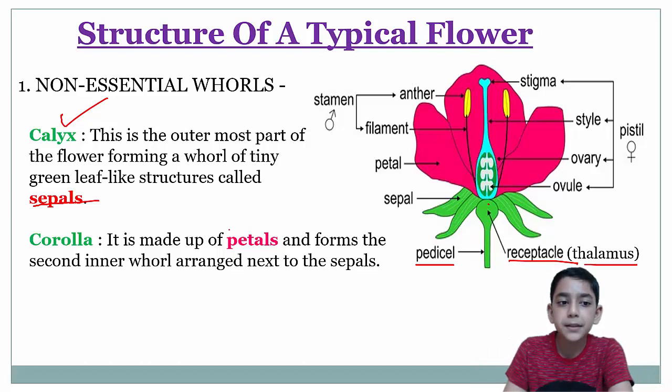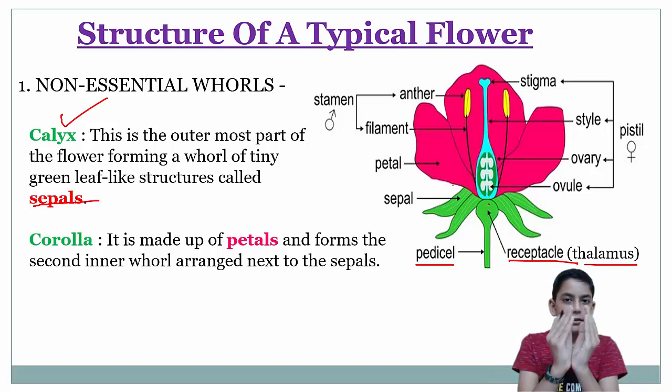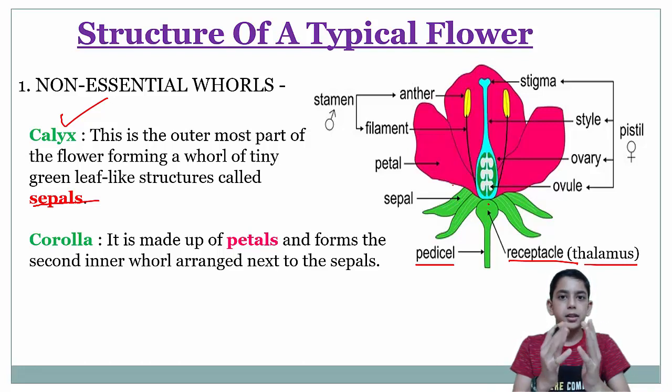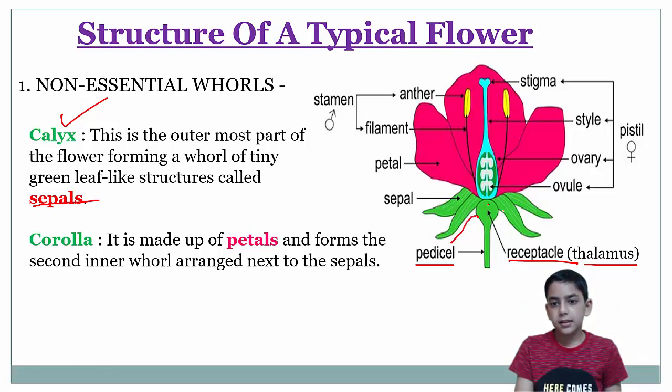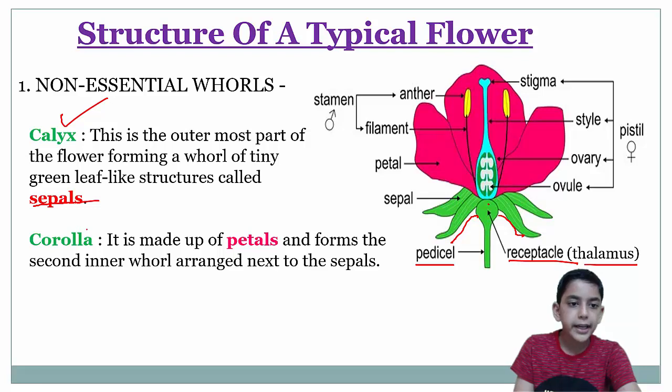So sepals protect the flower in the bud stage from climatic conditions, and it is closed like this. When the flower matures, it comes out and the sepals open out like this.